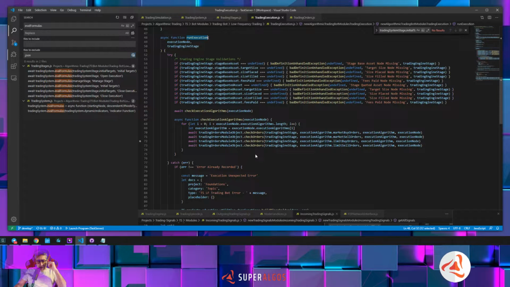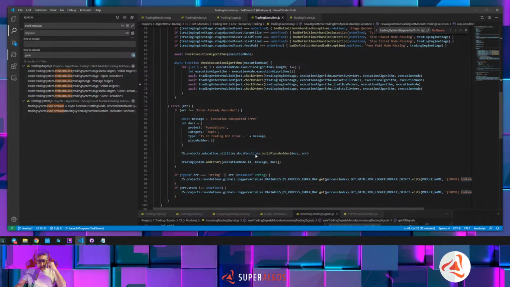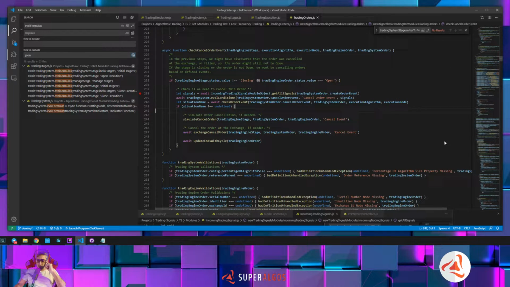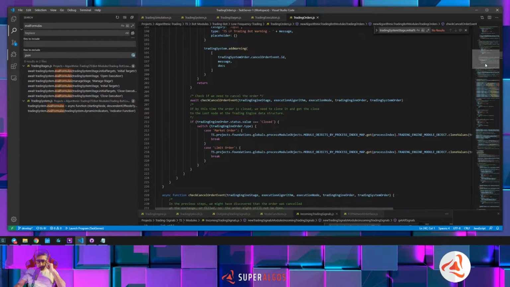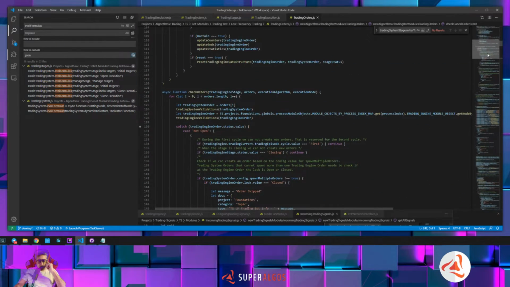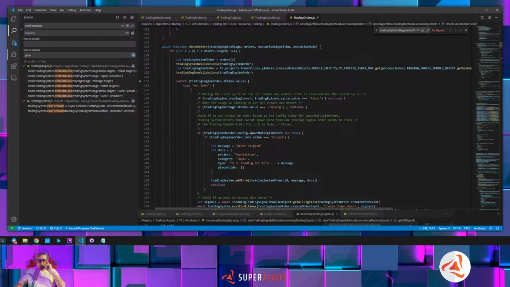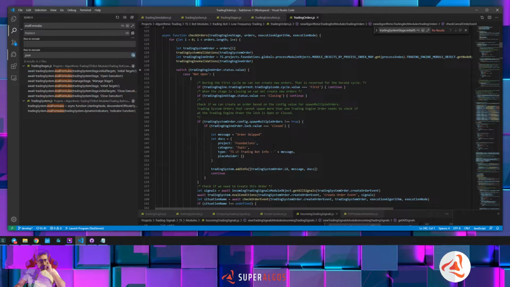Okay, so at the trading execution, what we have is we are checking this type of order: market buy, market sell, market limit sell, all through this function check orders that is inside here. So check orders, we will have it here. And here where we are iterating over each order specifically.